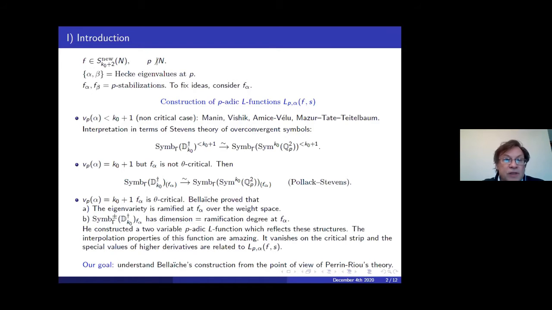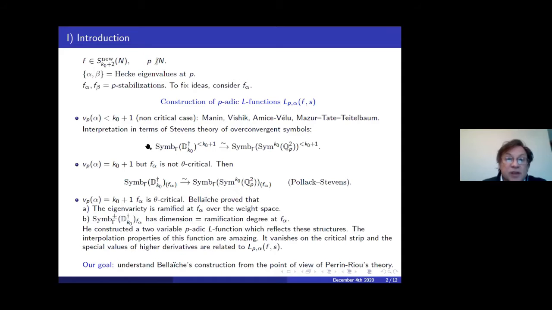Later, this construction was revisited by Stevens in terms of his theory of overconvergent symbols. I won't recall definitions and notations, because I don't need this result in the remainder of the talk, and the goal here is just to give some general idea of the story.